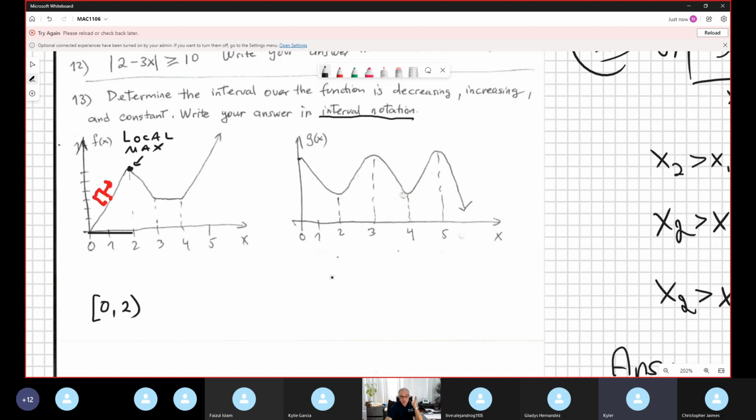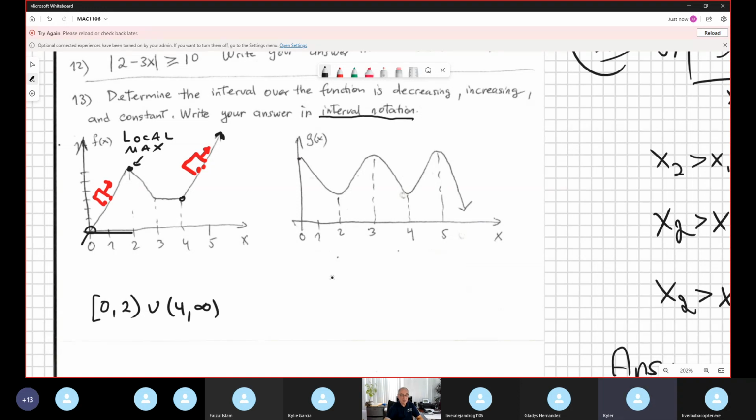I suppose before 0 it's not shown here, the same increasing behavior, but it doesn't matter. This is increasing. This is no idea. And from 4 to infinity, because this arrow indicates that this continues forever in that direction, my roller coaster car also goes up. So it's the union: parenthesis 4, not including 4, comma infinity.